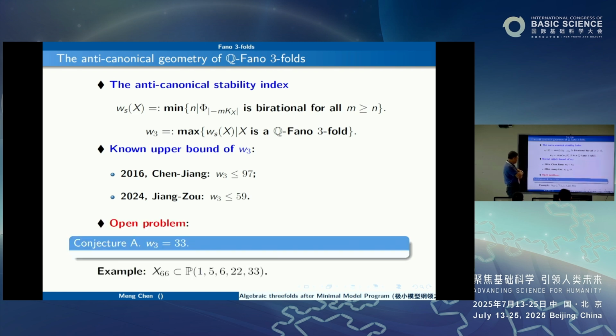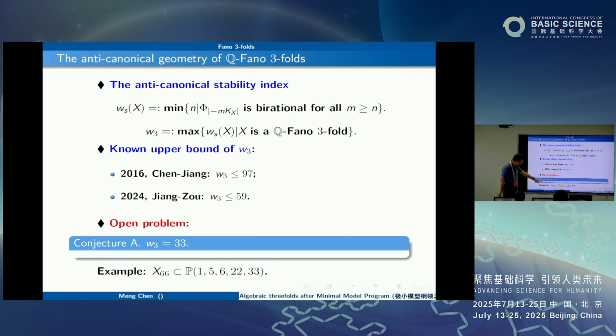So here's a conjecture, and the conjecture is very easy. Just say W3 is 33. Because we have this example: just take a general hypersurface of degree 660 in weighted projective space. You will find that this is a Fano threefold with anti-canonical stability index 33.